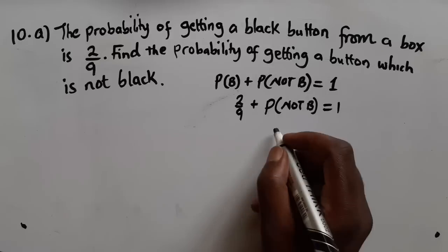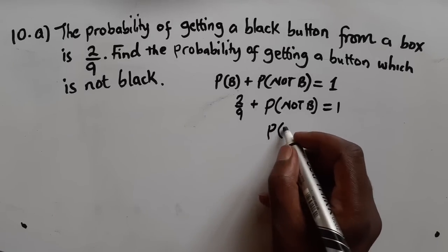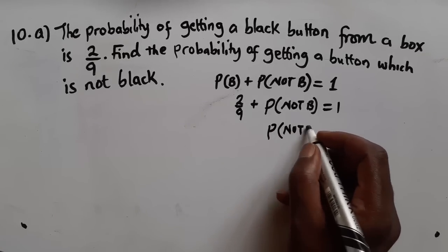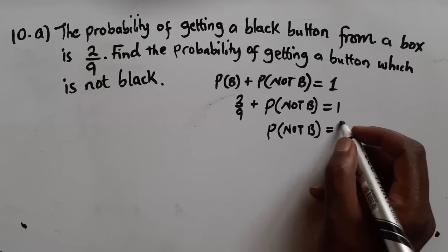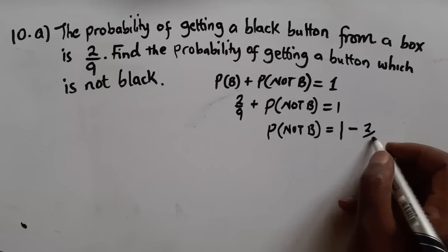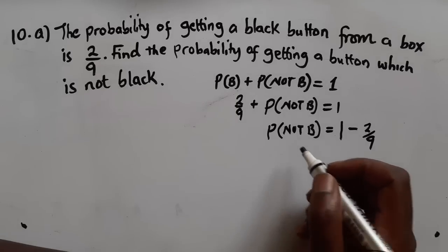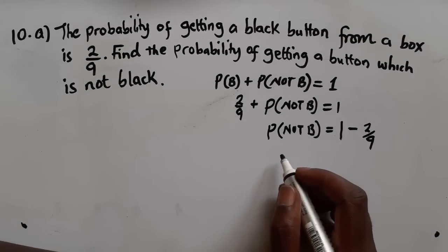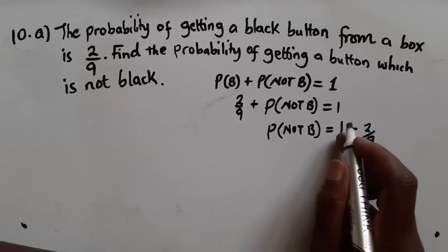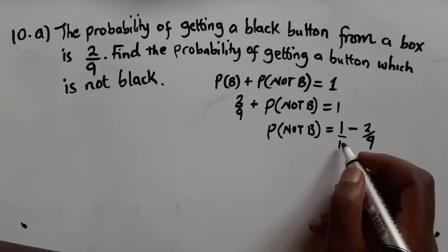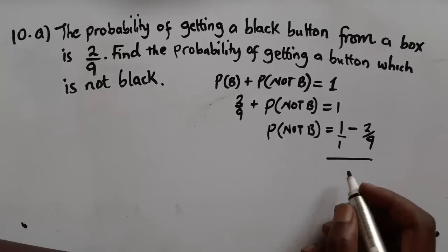This is very simple. The probability of a button which is not black is going to be 1 minus 2/9. How do we solve this fraction? I'm sure you know that, but let me take it that you may have issues.